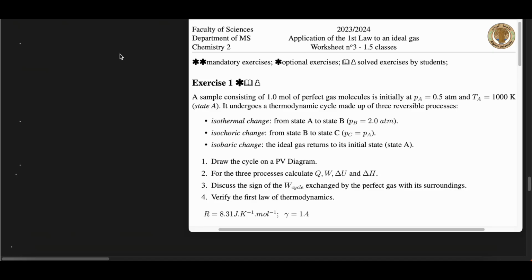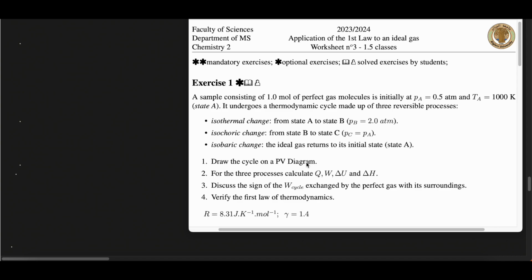In this part of the course Chemistry 2, we are going to solve the first exercise of the third worksheet. In this exercise, we have a sample of a perfect gas that is initially at this state, and it will undergo a thermodynamic cycle made up of three reversible processes: the isothermal change, the isobaric change, and the isochoric change.